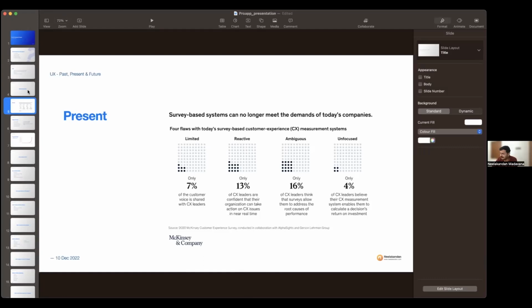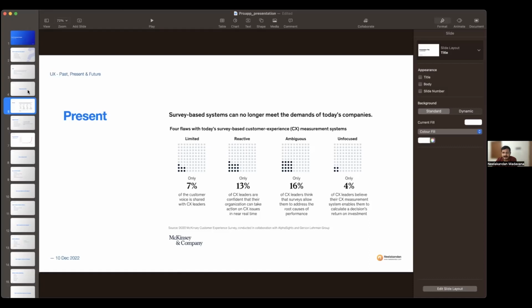They did it with 260 CX, customer experience, leaders, and 93 percent of the leaders still used the old methodology of validation of the customer experience, like CSAT, customer satisfaction index, such survey methodologies.